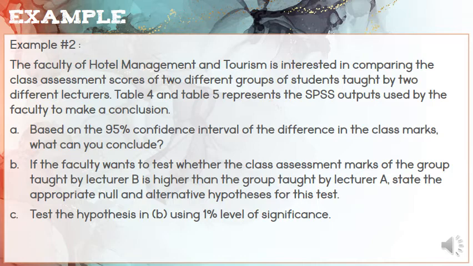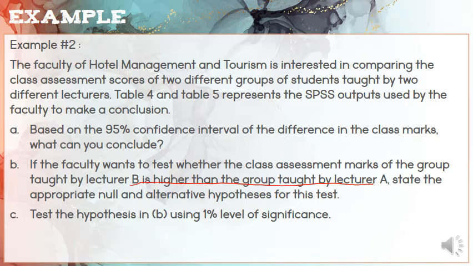B: If the faculty wants to test whether the class assessment mark of the group taught by lecturer B is higher than the group taught by lecturer A, the claim is, is B higher than A? State the appropriate null and alternative hypothesis. Higher than, lower than, it will be a one-tail test, one-sided.